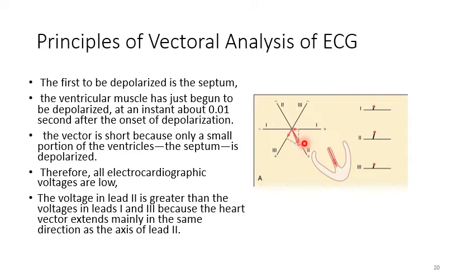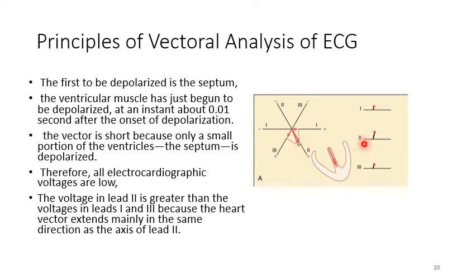As you can see here, it is going to be a positive deflection that is longer than in lead 1. Why? The length of the ECG drawing is proportional to the length of the projected vector.